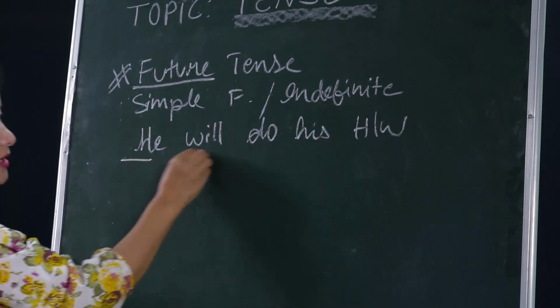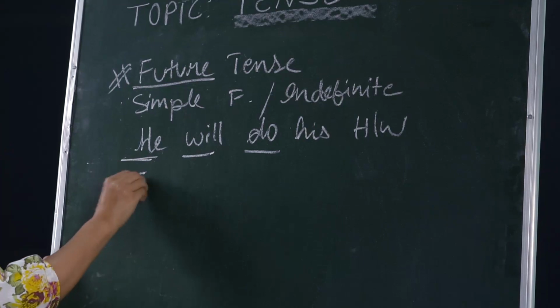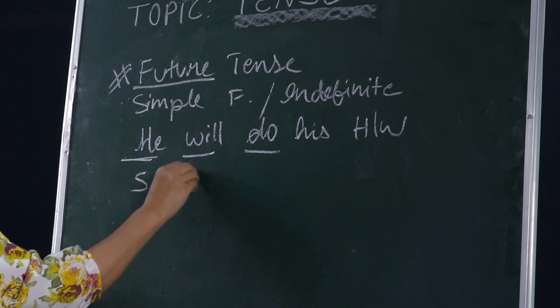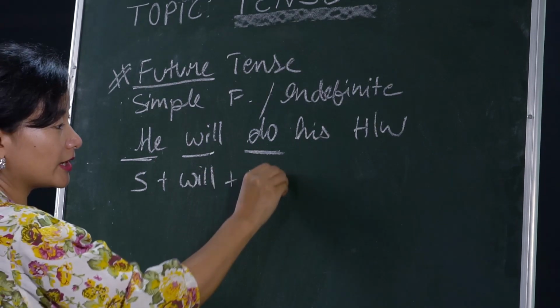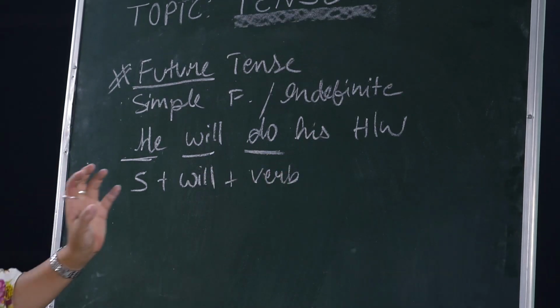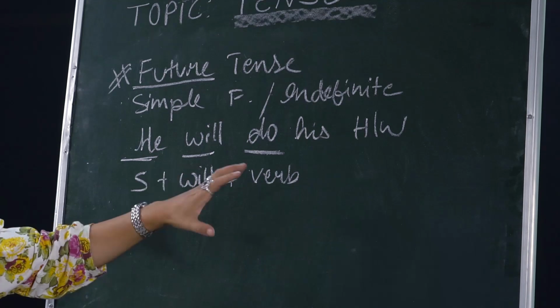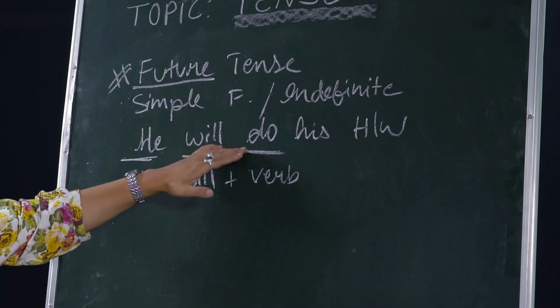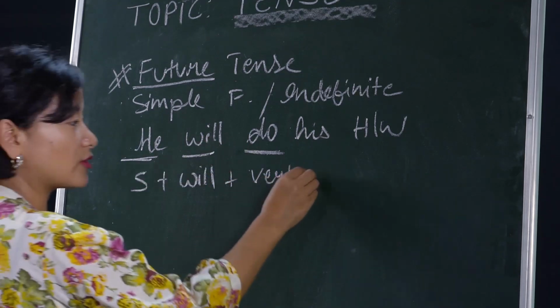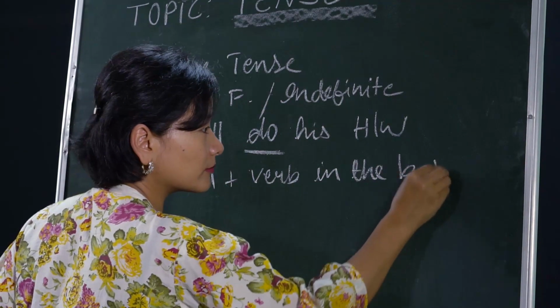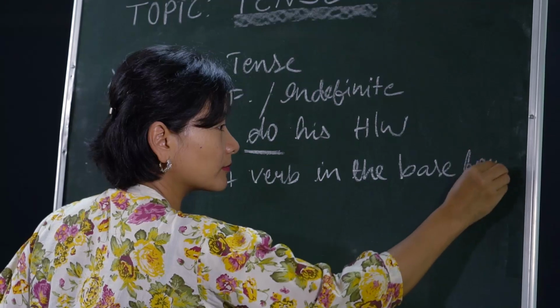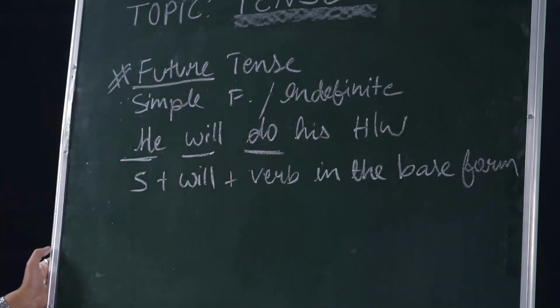Let's take a look at this. He is the subject, and will denotes that it is in the future tense. Do is our verb here, and our verb does not have any additional letters added to it. So this is the base verb. So the verb in the base form.